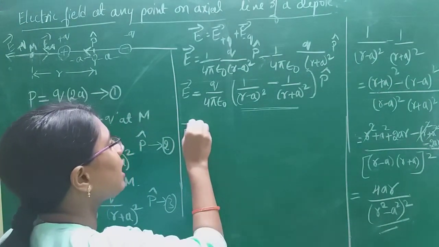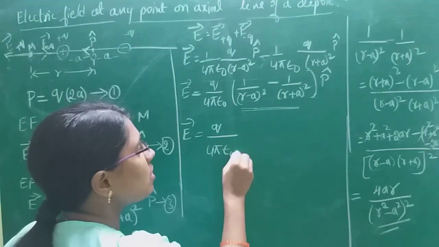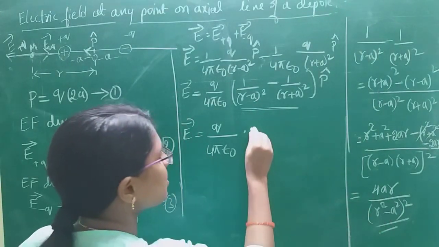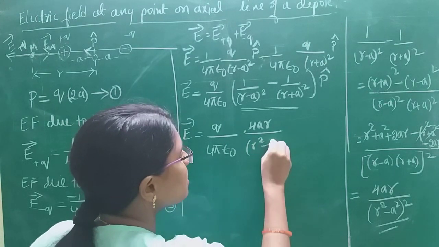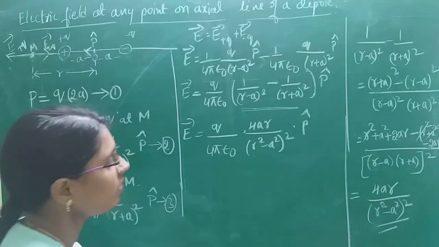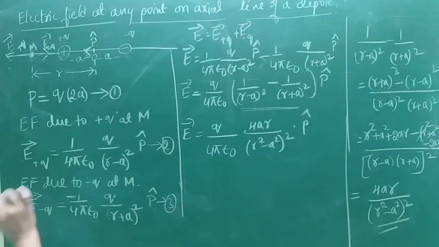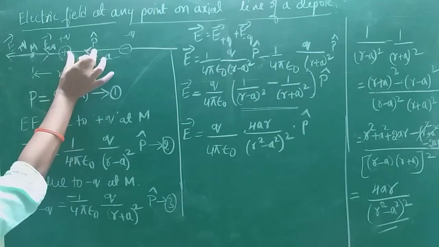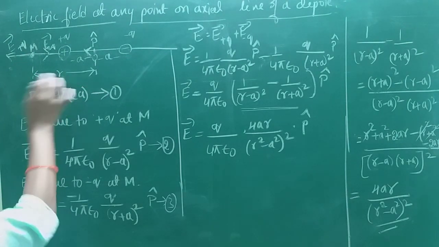That's why we get vector E is equal to Q by 4 pi epsilon naught into 4AR divided by (R square minus A square) whole square into P cap. Right. See, if we consider a short dipole, as compared to the distance of the charge from the dipole center, the observation point distance from the dipole center is too large.